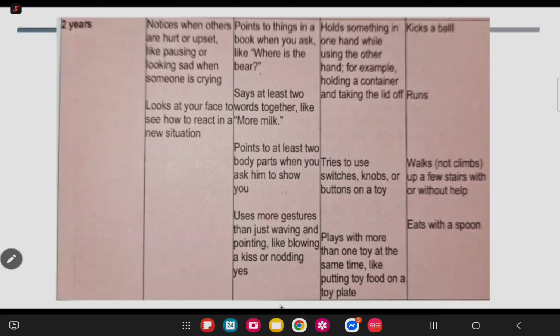They can also recognize body parts already. So if you ask them to point to their eyes, their nose, they already know where these body parts are located. And they use more gestures aside from just waving and pointing. They can already nod, they can already blow kisses. For gross motor, they can kick a ball, run, walk up a few stairs, and eat with a spoon.